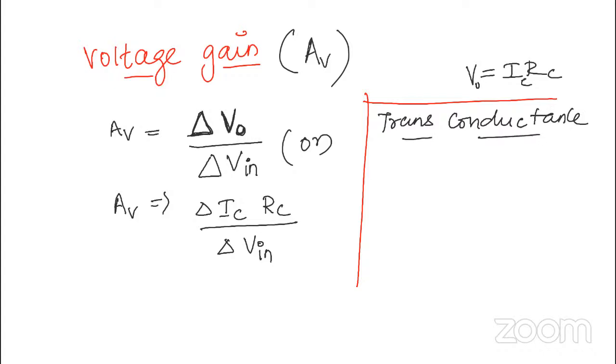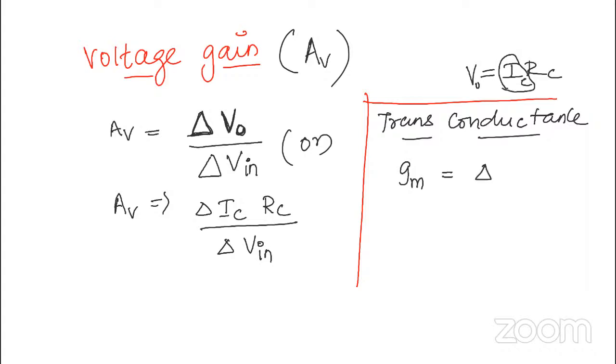So transistor oda conductance oda values, here it is represented by the symbol GM. Okay, so GM, which is nothing but எல்லாமே அவுட்புட்ல நம்ம collector current தான் எடுத்திருக்கோம்.